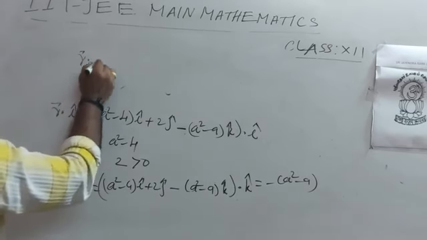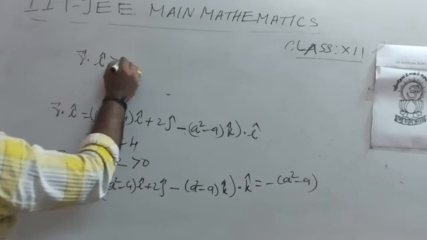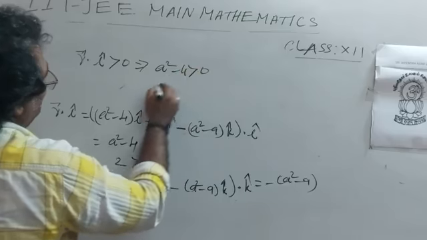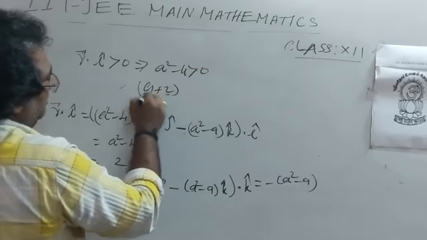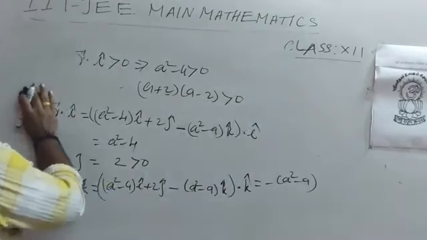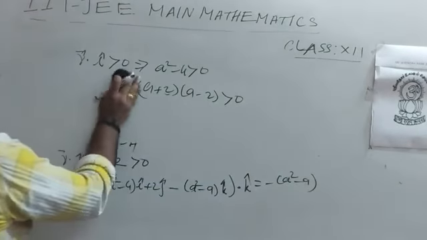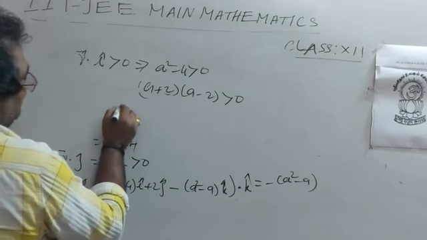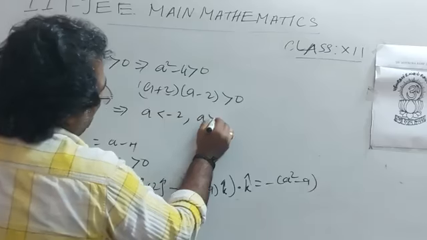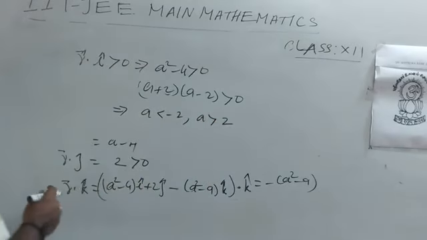So r vector dot i vector greater than 0 implies a square minus 4 greater than 0, a plus 2 into a minus 2 greater than 0, which implies a is less than minus 2 or a is greater than 2.